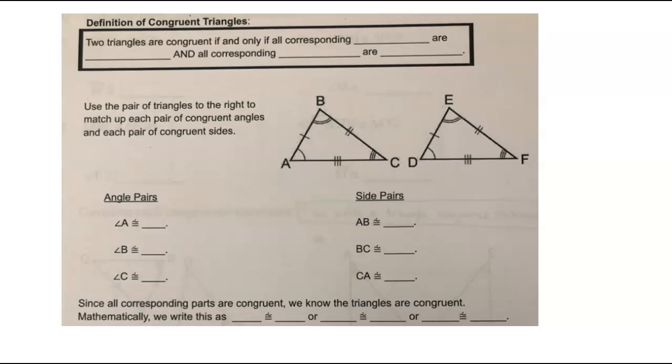The first thing I want to talk about is the definition of congruent triangles. In these boxes, I want you to write: two triangles are congruent if and only if corresponding sides are congruent, and congruent means exactly the same, and all corresponding angles are congruent.